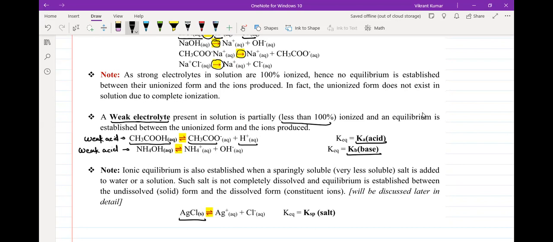That means now there is an equilibrium established between the solid undissolved form and the aqueous ions which are dissolved form. And for that also equilibrium is established, and that's why there is reversibility in this part. And its equilibrium is called the Ksp of salt, which is also called solubility product of salt.